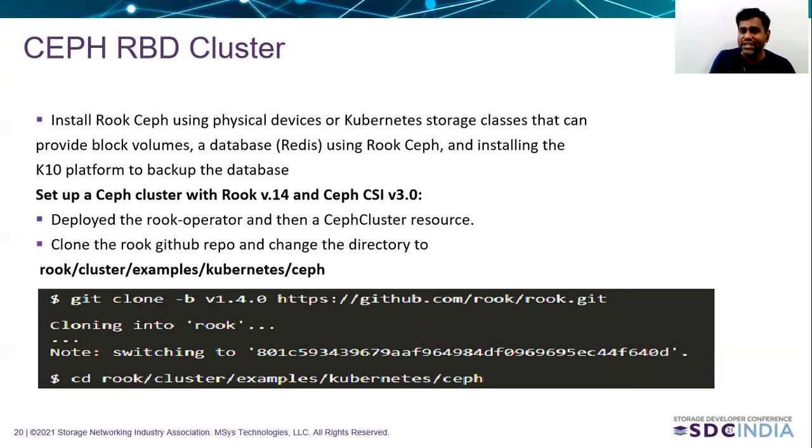Then a database, in our case Redis, using Rook Ceph, and installing the Kubernetes platform K10 to back up the database. Here we are using Rook version 1.4 and Ceph version 3.0.